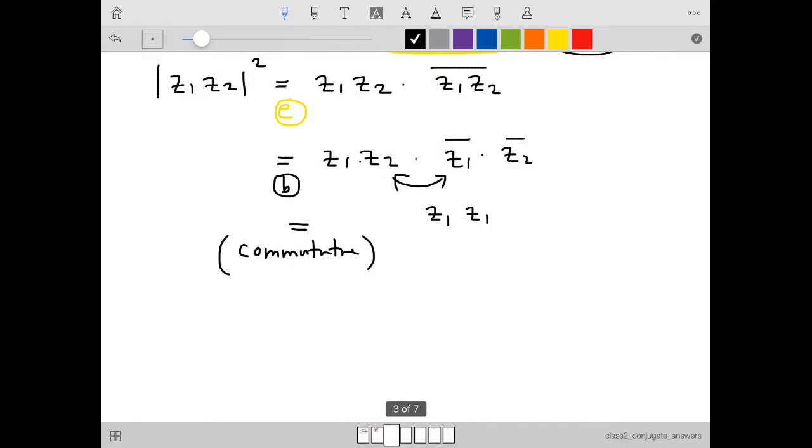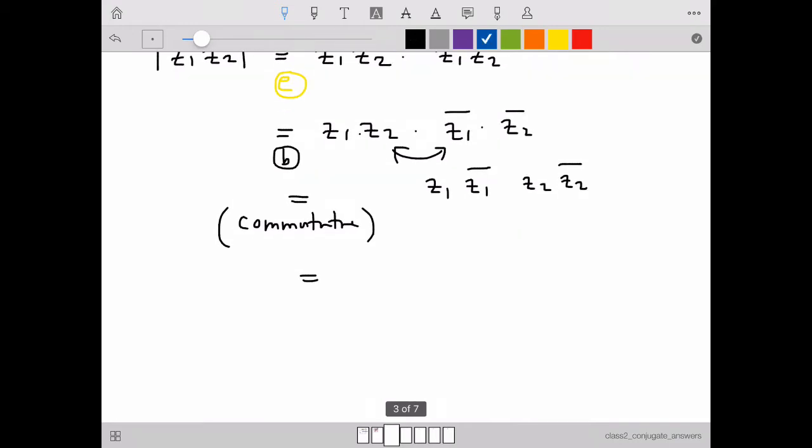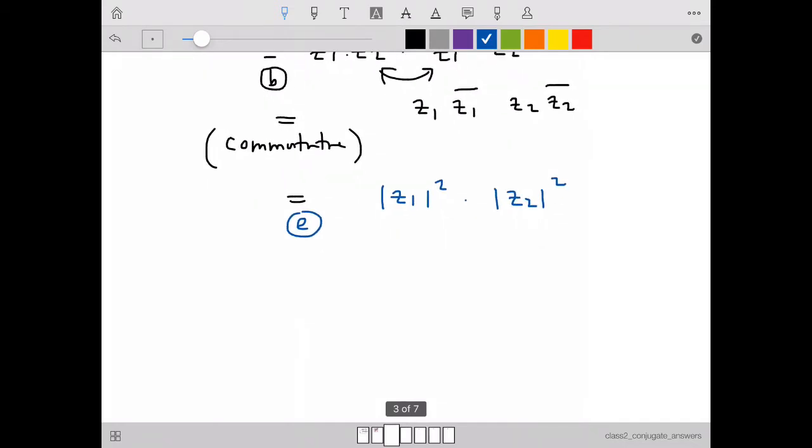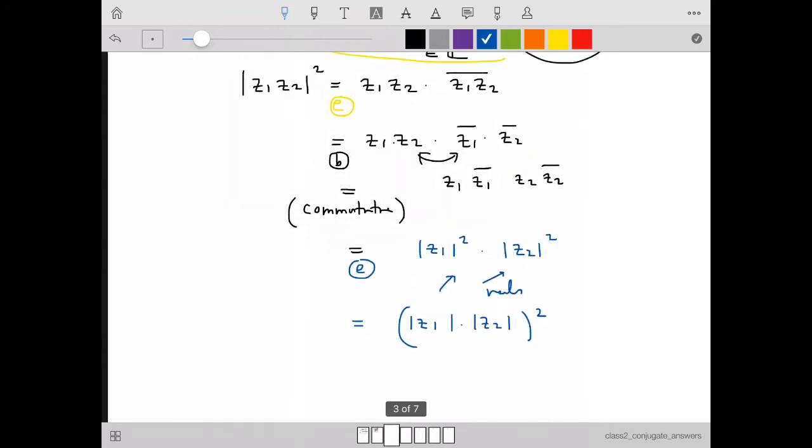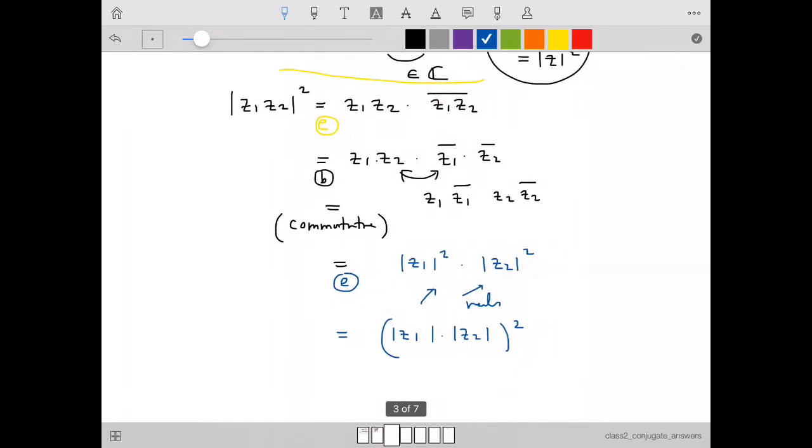So I have Z1 Z1 bar Z2 Z2 bar, which if I associate to each, then by E I get absolute Z1 squared times absolute Z2 squared, and both of these are reals, so I can put them as one parenthesis absolute Z1 absolute Z2 whole quantity squared, which is the right hand side. So proof is done.